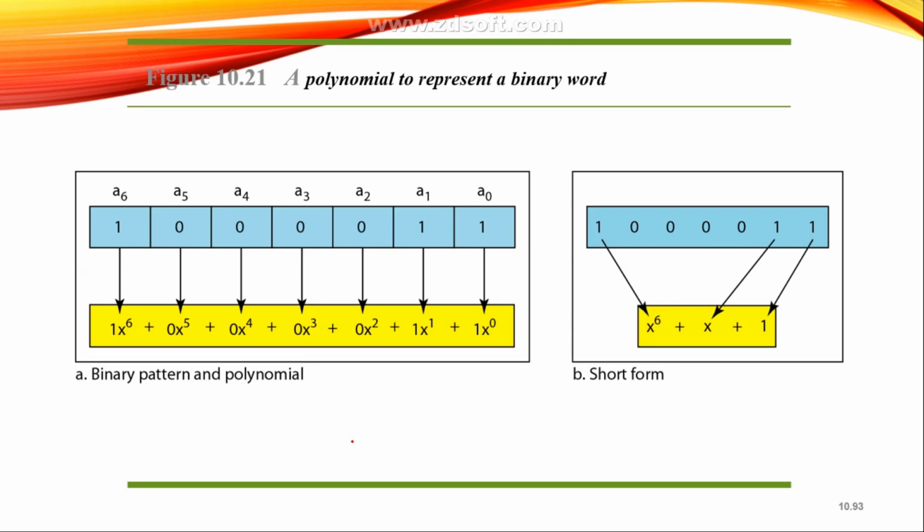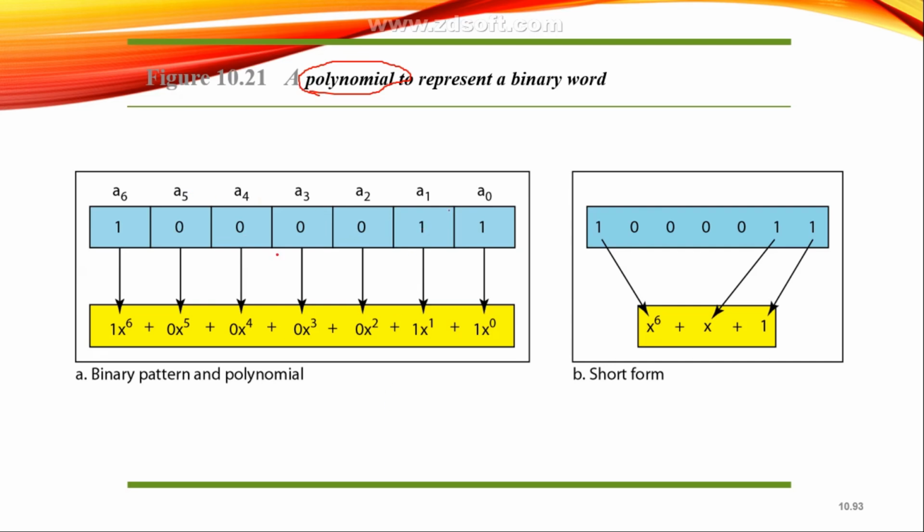Now let's start with a new topic called polynomial. A better way to understand cyclic codes and how they can be analyzed is to represent them as polynomials. A pattern of 0s and 1s can be represented as a polynomial with coefficients of 0 and 1. First understand that this is the data, a bit pattern given the names A0 to A6, a 7-bit pattern.